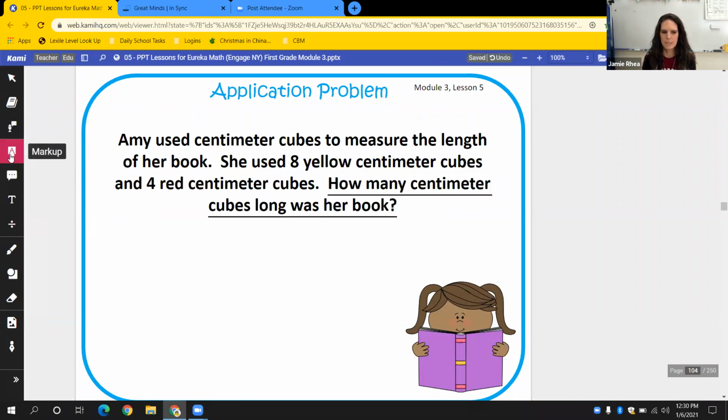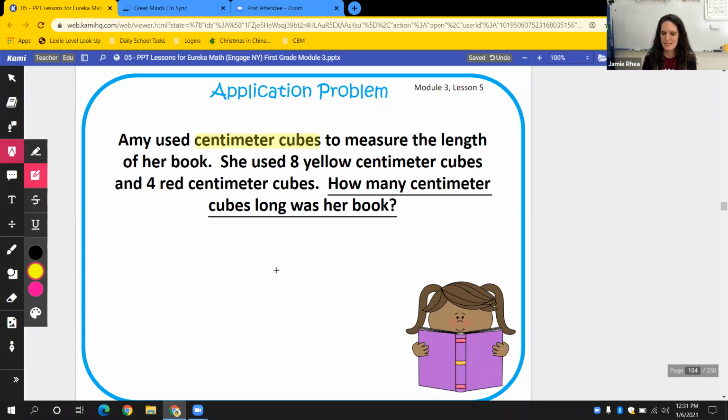Now, let's go back and look for clues. Amy used centimeter cubes to measure the length of her book. Does that give me any information there? Yeah, it tells me they used centimeter cubes. That's good to know. All right.